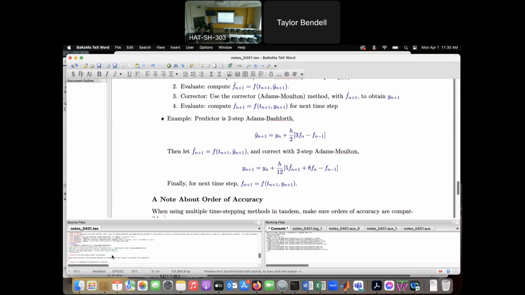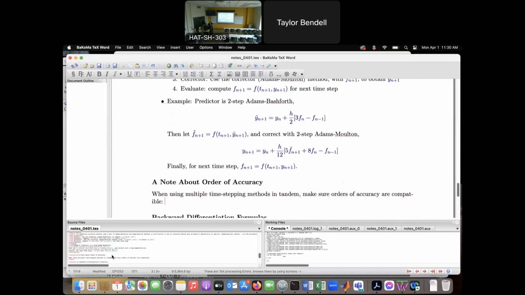So there's a couple of instances I want to talk about where it's important to check on the order of accuracy of methods you're using in combination.